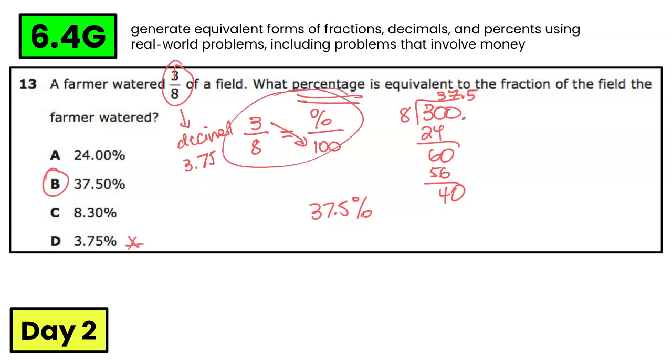And so setting this up as a percent proportion may be the better way to go for your students, so that they understand I'm going straight from a fraction to a percent by setting up this percent proportion and not having to then do the additional step of taking that decimal and putting it into a percent. So I would highly recommend going with the first method and teaching your students that when they're going from a fraction to a percent, just to set up a percent proportion and then either cross multiply or find an equivalent fraction.